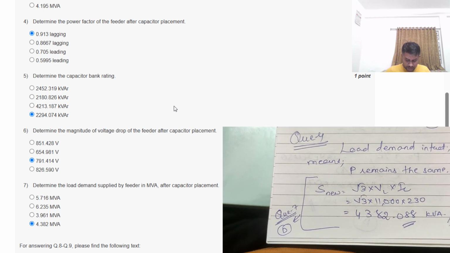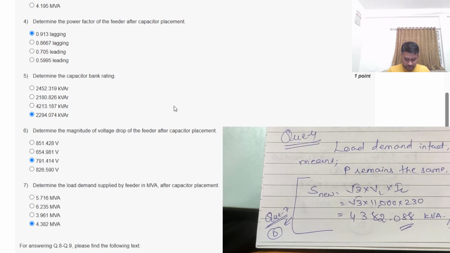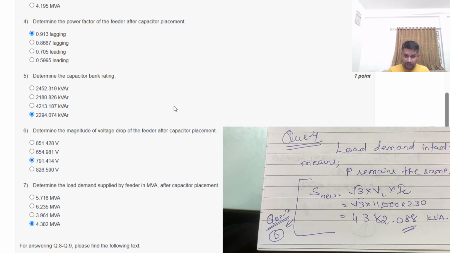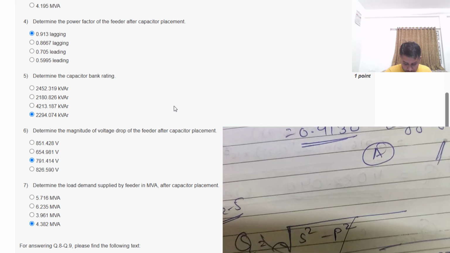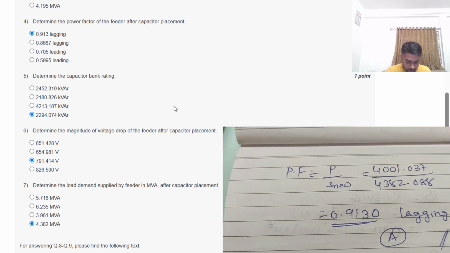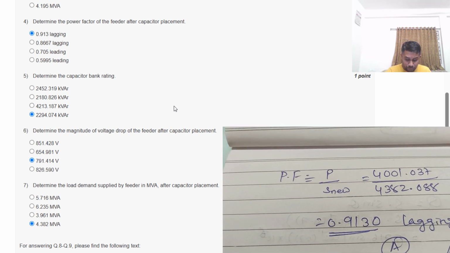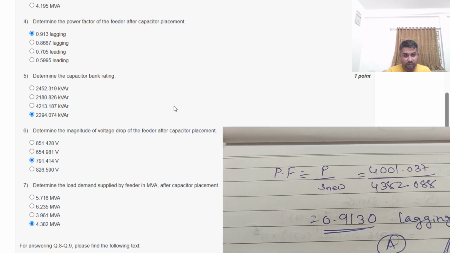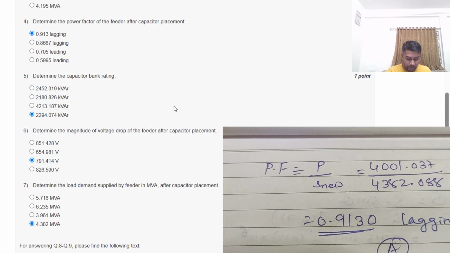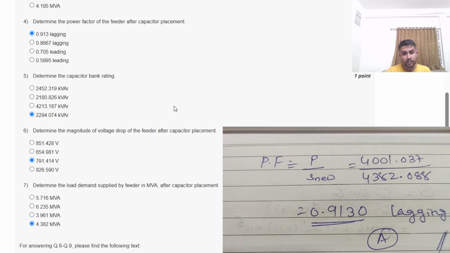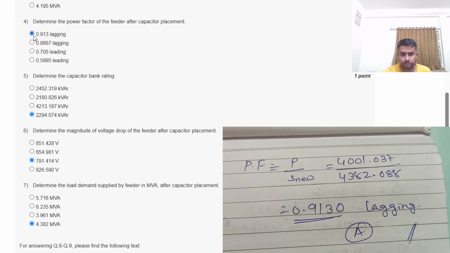Accordingly, S new is calculated as root 3 VL IL, so S new equals 4382.088 kVA. As the load remains constant, P remains constant, so the power factor with the new kVA rating is 4001.037 divided by 4382.088, which is 0.9130 lagging. So the answer is A. In question number 4, the answer is A.